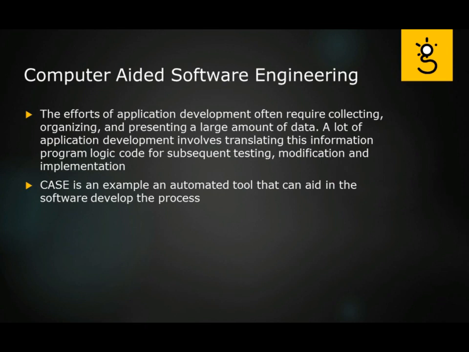Now, the efforts of application development often require somewhere to collect, to organize, and to be able to present a large amount of data. A lot of application development involves translating that information into program logic for subsequent testing, modification, and implementation. And CASE is an example of an automated tool that can aid in that software development process. In fact, one of the biggest tools that you'd use is what we call a compiler.